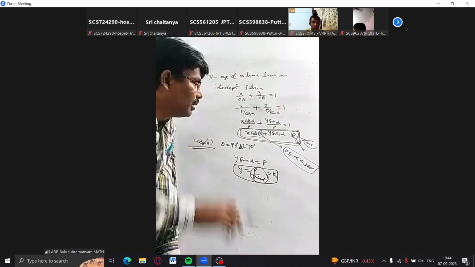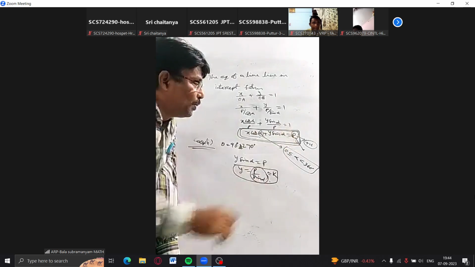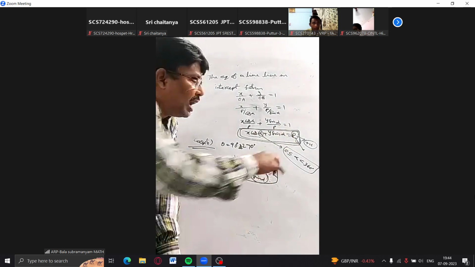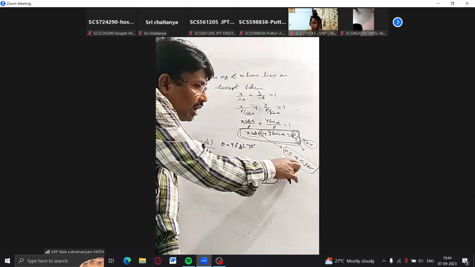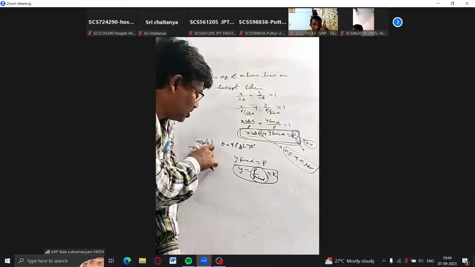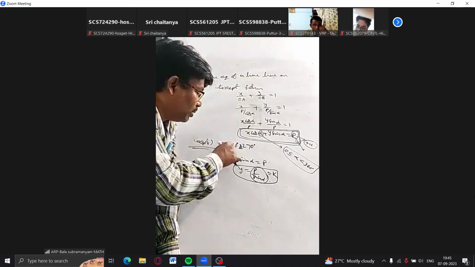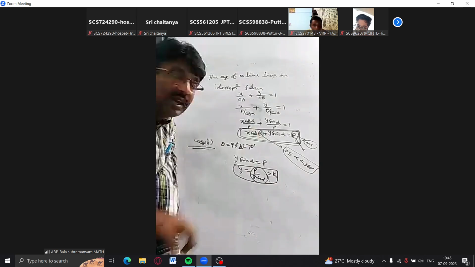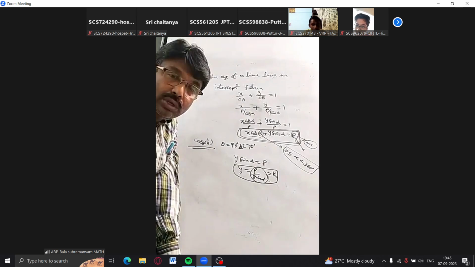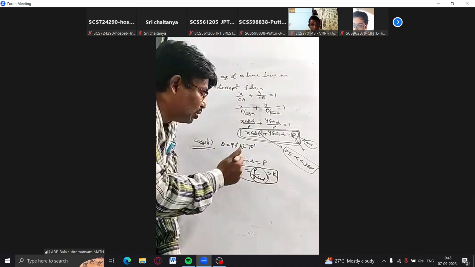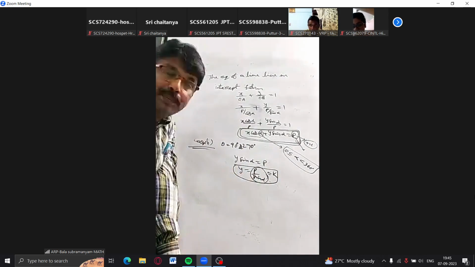Once again, we proved x cos alpha plus y sin alpha is equal to p, that is the normal form. Alpha satisfies 0 less than or equal to alpha less than 360. The first case is theta equal to 90 degrees or 270. If theta is 90, cos 90 is 0. If theta is 270, cos 270 is also 0. So the equation becomes y sin alpha is equal to p, y is equal to p by sin alpha.